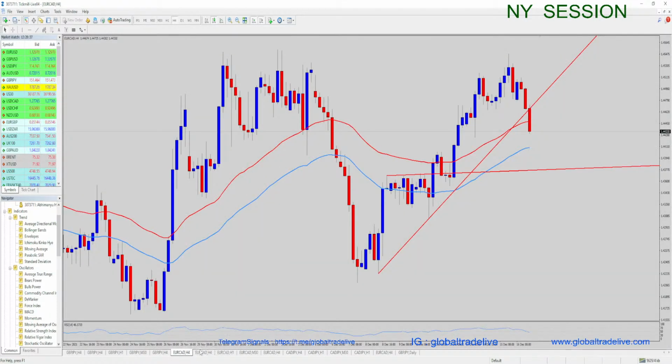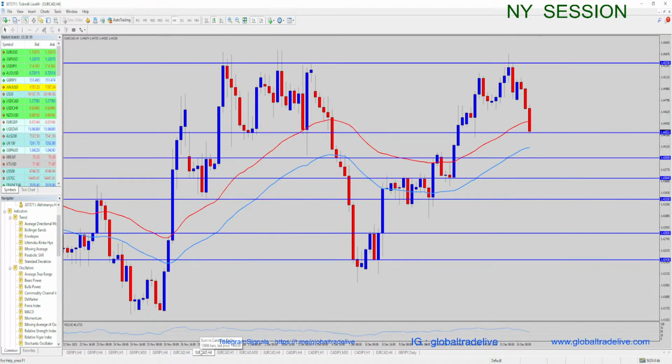EuroCAD really looks bearish, but a strong zone is there. I think it might go down a little bit more, but after that it should reject this area and the next candle should move up.